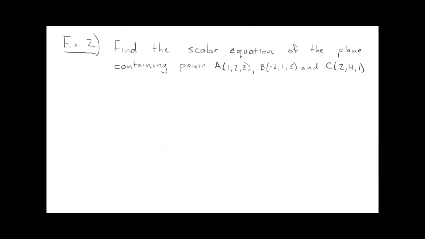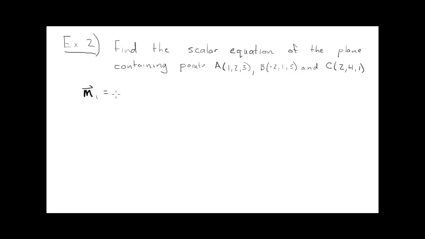Okay, example 2, or if you prefer, the second example. So we want to find the scalar or Cartesian equation of a plane containing these 3 points. So first thing we need is, well, ultimately what we need is the normal vector. But we don't have the normal vector, we have 3 points on the plane. So how are we going to find the normal vector? Well, here's a suggestion. Can we find a direction vector, or a vector on the plane?